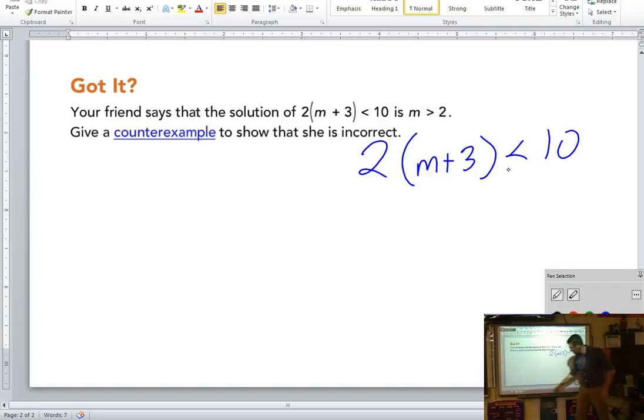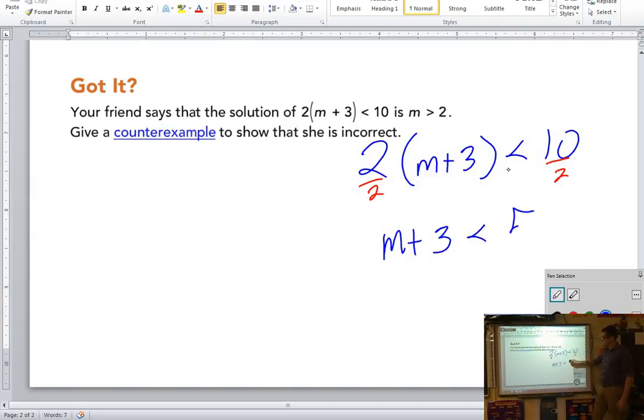So when I do that, I get m plus 3 is less than 5. Then I subtract the 3 from both sides. I get m is less than 2. What's their issue? Direction of the sign. So you could say that direction is wrong.